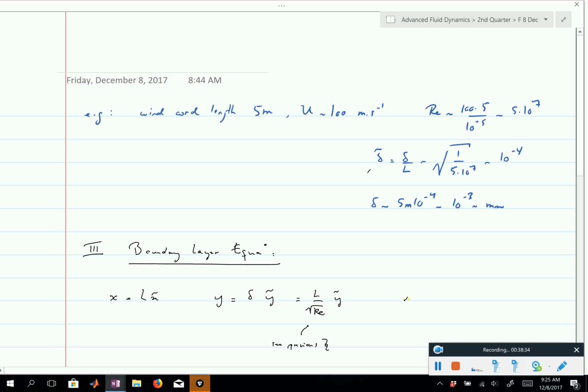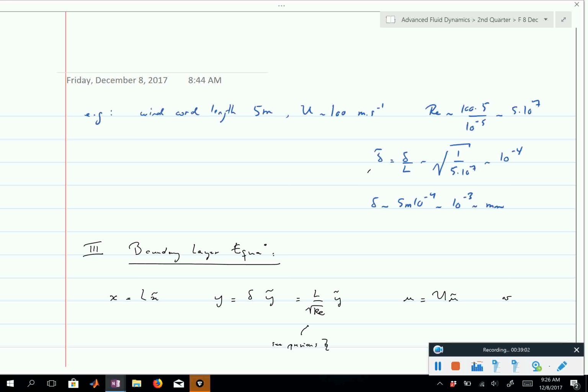Now u, the velocity in the x direction. We are doing 2D planar flows again. The velocity in the x direction is going to scale with the velocity at infinity, so this is going to be u infinity. And what about v? At this point, we don't know exactly how v is going to scale.